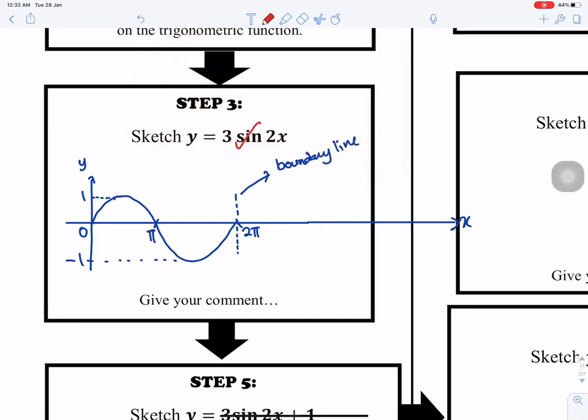Now the amplitude is positive 3, so the amplitude is 3 and negative 3. Pi, 2 pi, and the function of the boundary line is that we draw another complete cycle.